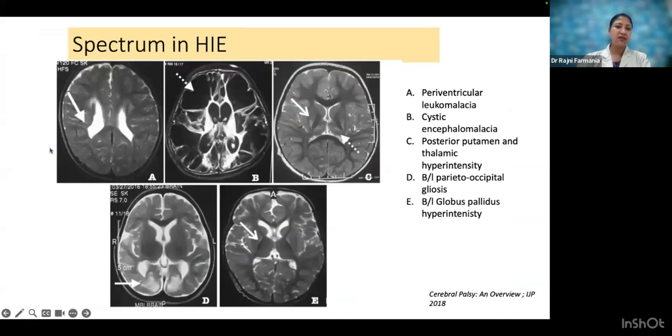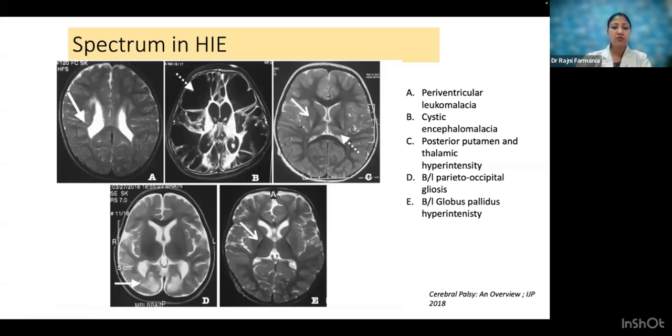The expected MRI findings. First is PVL, that is white matter paucity and leukomalacia. Cystic encephalomalacia. This is again posterior putamen and thalamus, that is term HIE. Here, the parieto-occipital gliosis. So whenever you see this MRI in a small child, always look for the history of hypoglycemia in the neonatal period. So look into the paper.